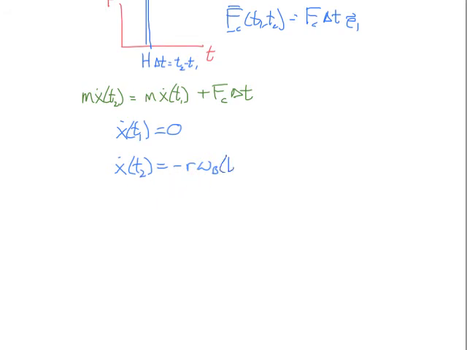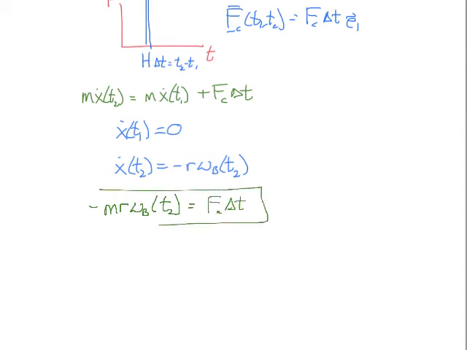And when we substitute our boundary condition and then our constraint into our linear momentum equation, we get negative m r omega b at time t2 is equal to fc delta t.